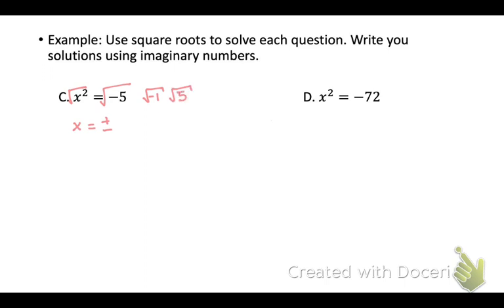Can we find the square root of 5? No, not without a calculator, right? So square root of 5 and then i. The imaginary part, which is the i, needs to come last. You notice how I close my square root? I do that so I know what's in it and what's out. So try the next one on your own.